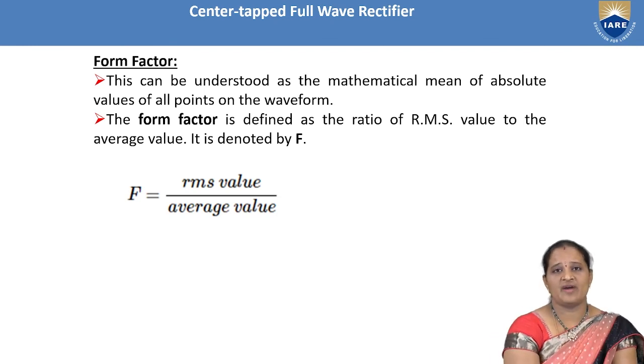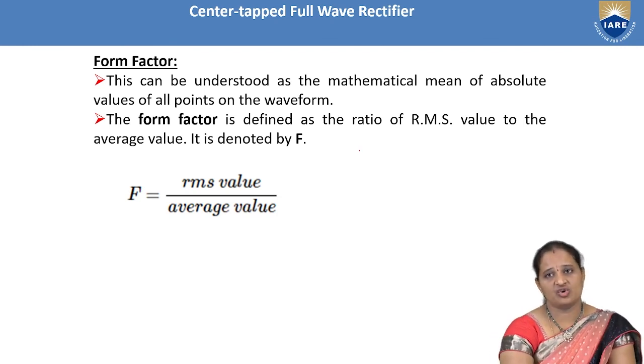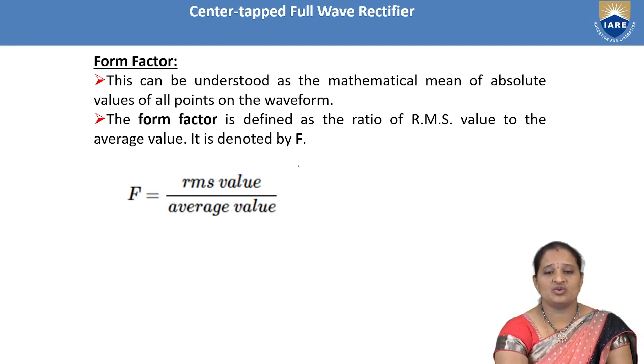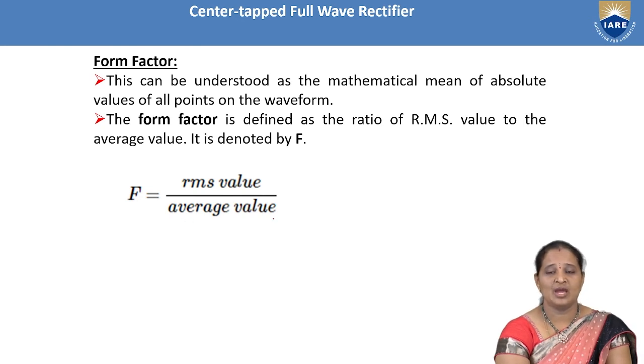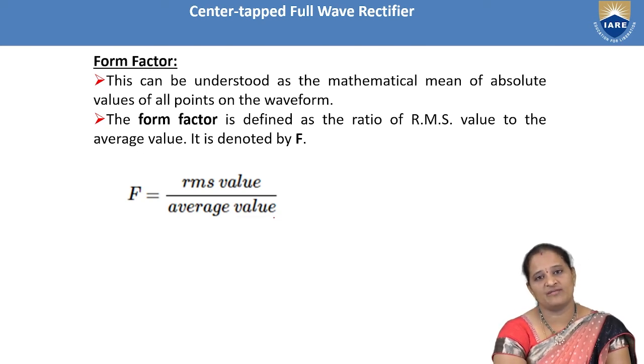Now coming to the form factor, which is defined as the ratio of RMS value to the average value, and it is denoted by F, which is given by RMS value by average value. So it is mainly used to find out the absolute value of all the points on the waveform.